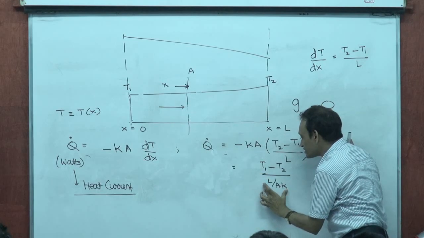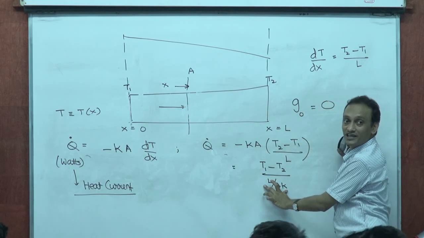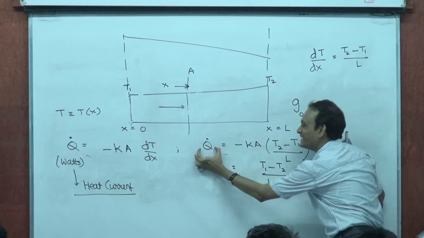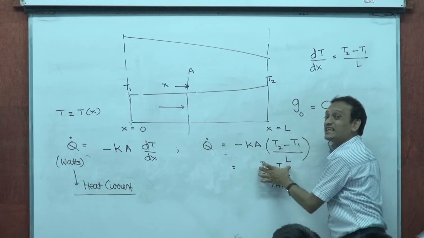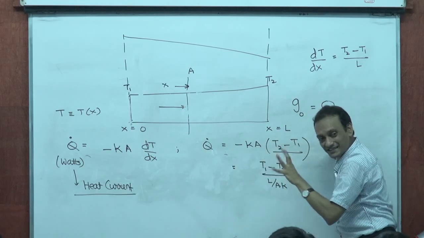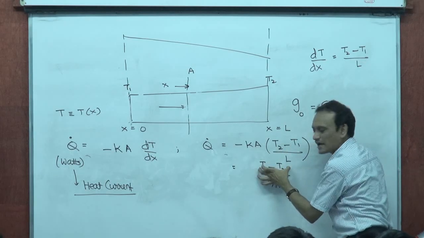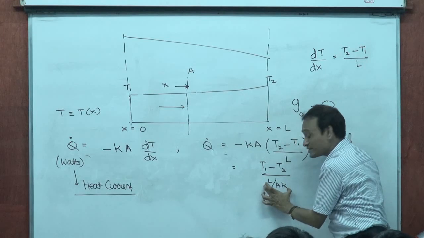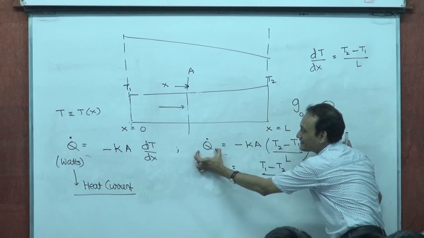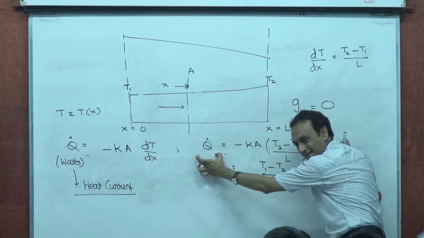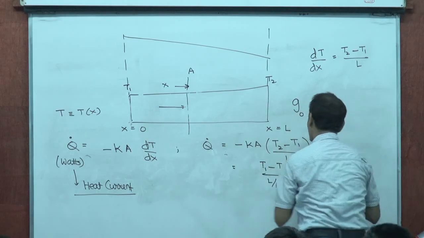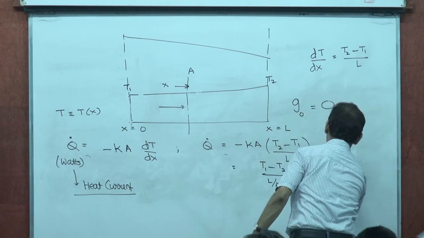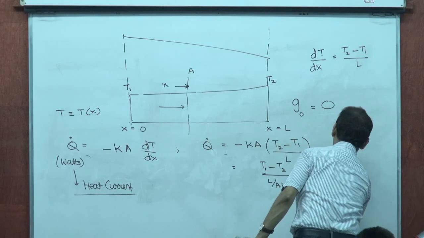Then we could call this the thermal resistance. So this is like the thermal potential difference, this is like the thermal resistance, and this is like the heat current: delta T divided by L by AK.